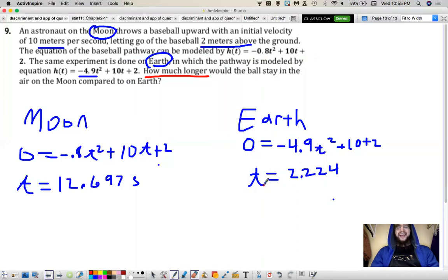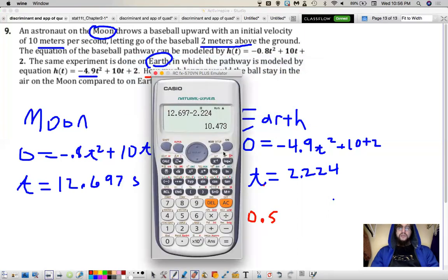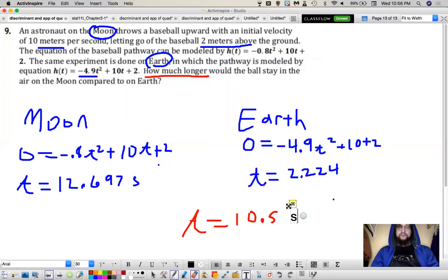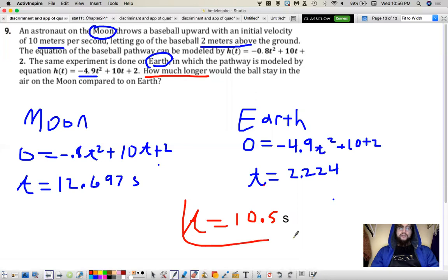So let's go with 10.5. There we go. That's a T, not an A. So the time is 10.5 seconds.